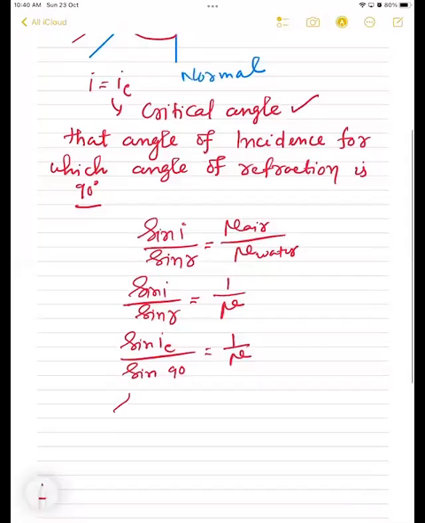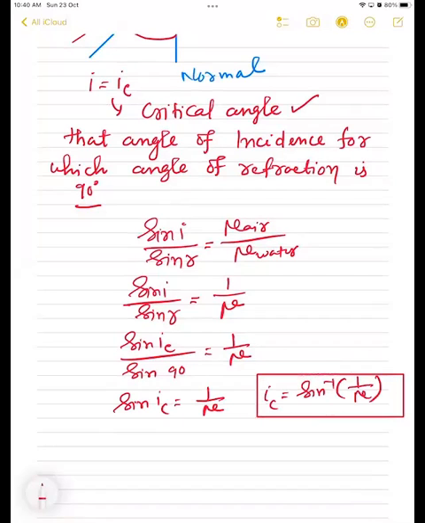Sine 90 is 1, so sine ic is equal to 1 by mu. So from there I get ic equal to sine inverse of 1 by mu, correct? Got a relation? If I give you the refractive index of a particular medium, then you can find the critical angle of that medium, correct or not? Yes. And any ray incident beyond the critical angle, what happens?